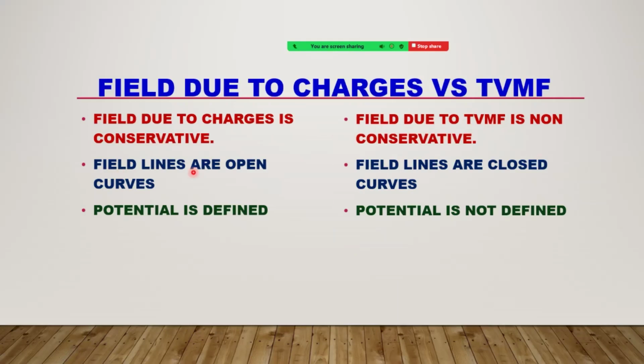Electric field lines are open curves; they start from positive charge and end on negative charge. Electric field lines are closed curves; here there is no starting point and no end point. Coming to here, potential is defined, but coming to here, potential is not defined. Let us focus now on problems to get more clarity.